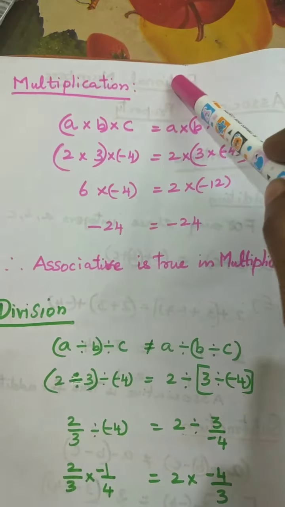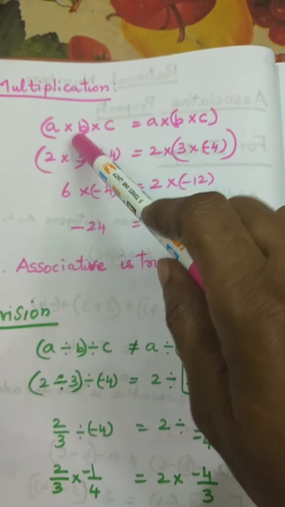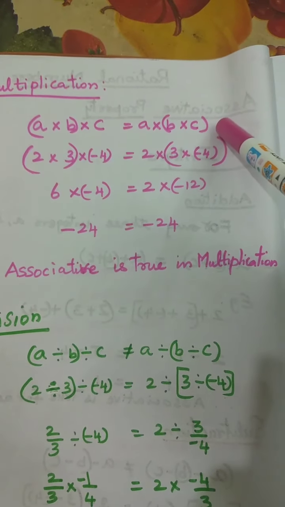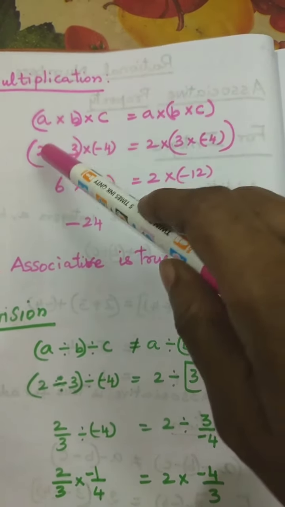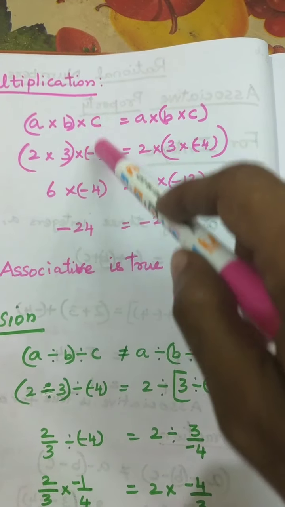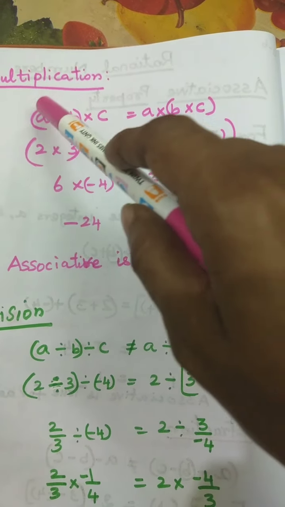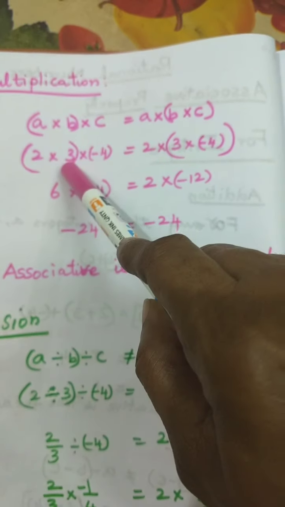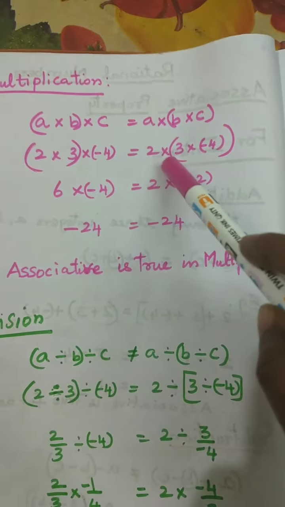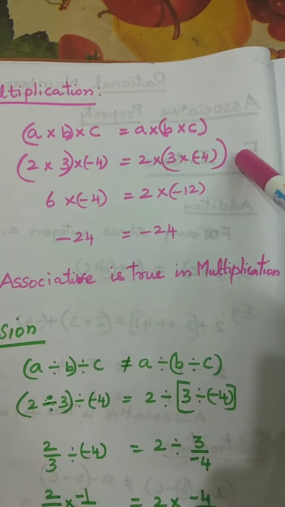Now multiplication. (a × b) × c is equal to a × (b × c). Now same, a = 2, b = 3 and c = -4. So (2 × 3) × (-4) and 2 × (3 × -4).